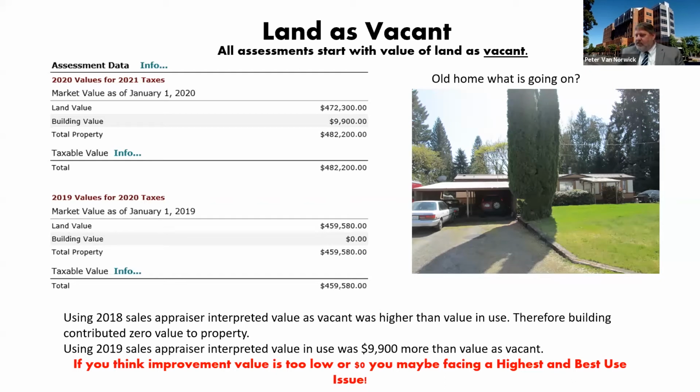The easy answer is because it's in state law. The taxes that were billed were based upon the current use, and when the state puts land into current use, it's to preserve land, either farmland or ag land.